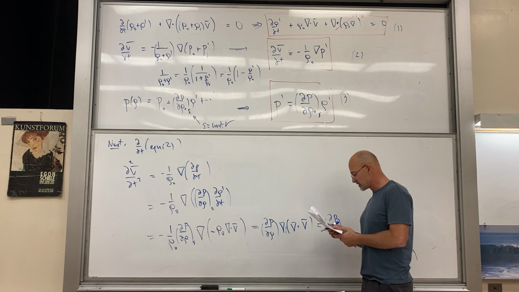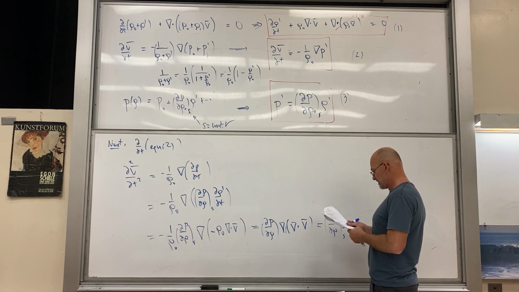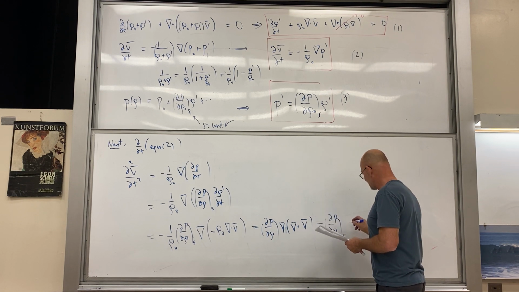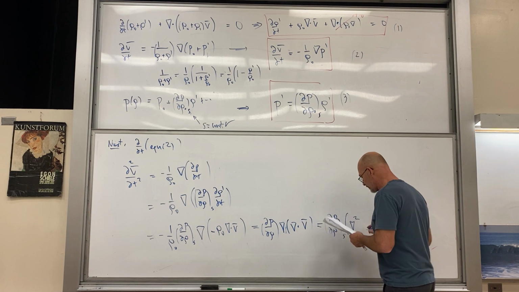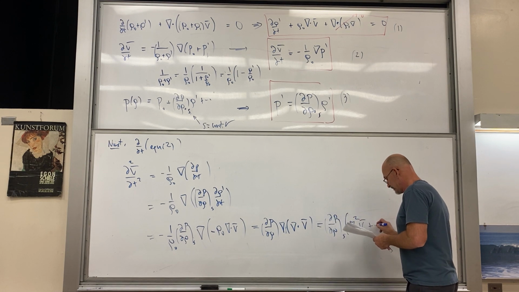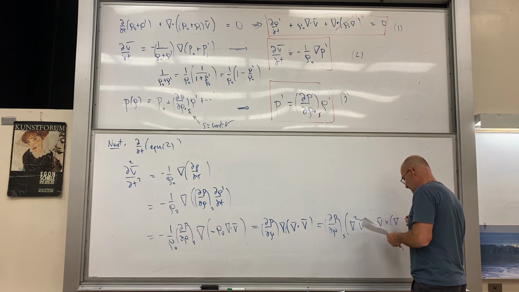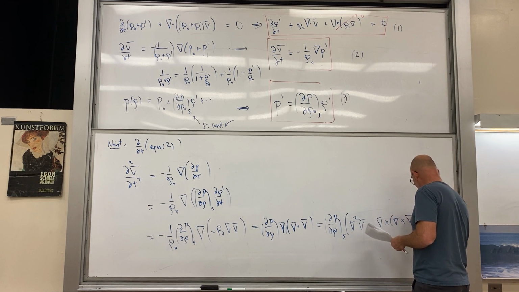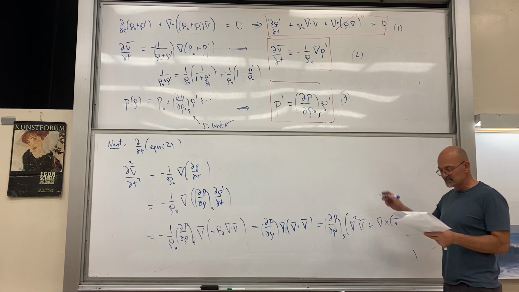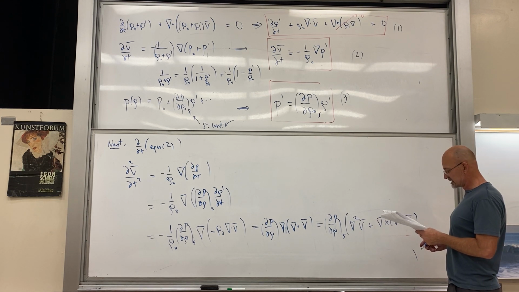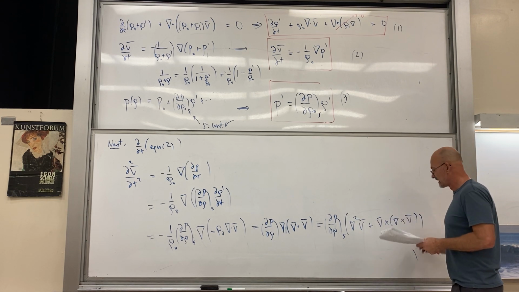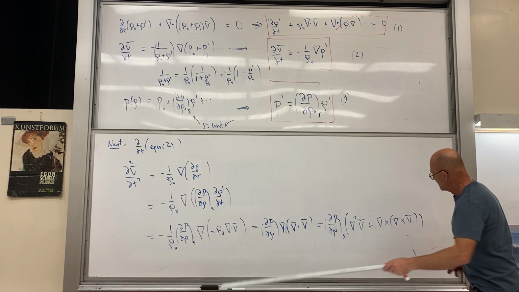So who remembers what grad div is? It is del squared v plus v cross curl of v. Go ahead and look this one up in Jackson, which is usually where I find these things. But what do you know?